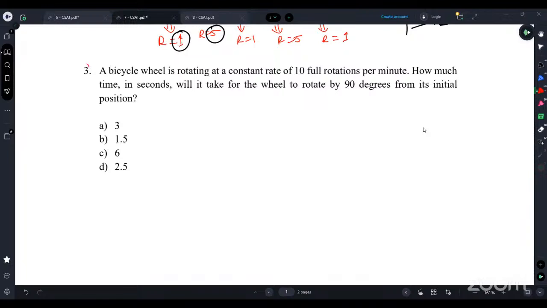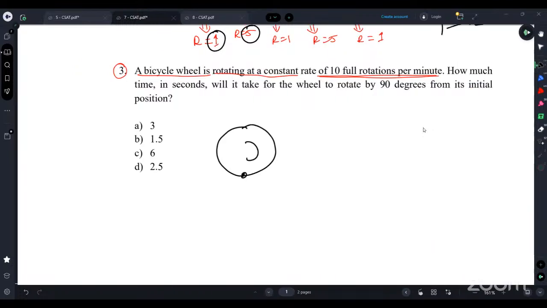Pay attention. A bicycle wheel is rotating at a constant rate of 10 full revolutions per minute. So what does this statement mean, guys? Let's say this is a bicycle wheel. Let's say it is starting to rotate from this position, so what is happening in 1 minute?